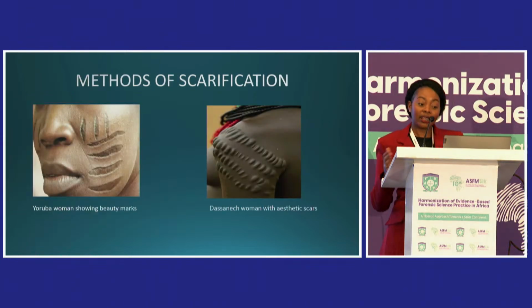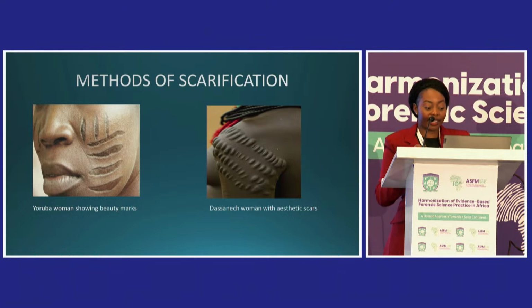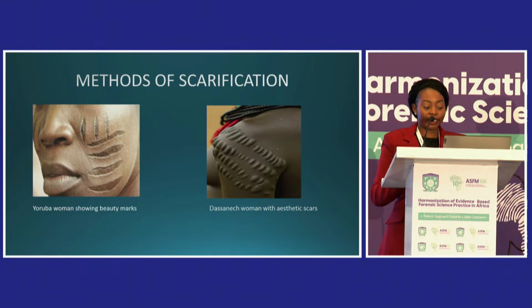So, methods of scarification. Again, with the Yoruba tribe, which is the lions, this is called pattern cutting. It's the most common method of scarification and tribal marking techniques, which favor the use of small blades such as metal and glass. When we move to the next one, the Dasanesh woman, who's got the keloids, this is called the prick, lift, and cut method.